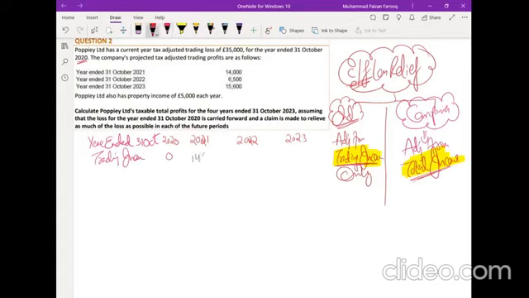Then incomes are there. If it is an individual, I would carry it forward from trading income. But it's not a case of an individual. It's Popeye Limited, so I will add any other incomes, like you can see, property income of 5,000 each year.